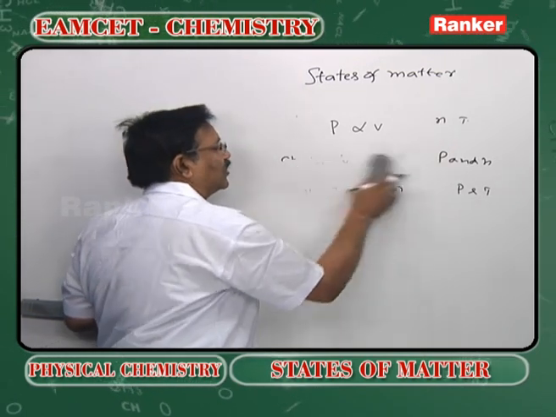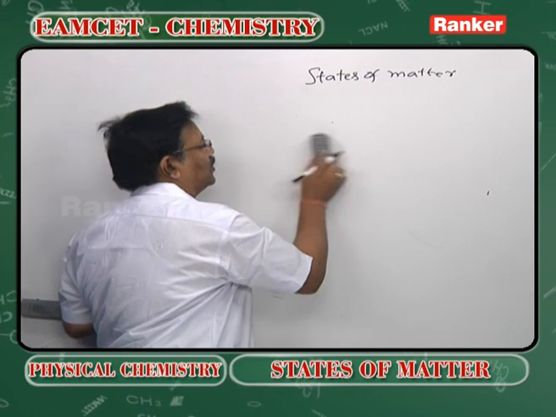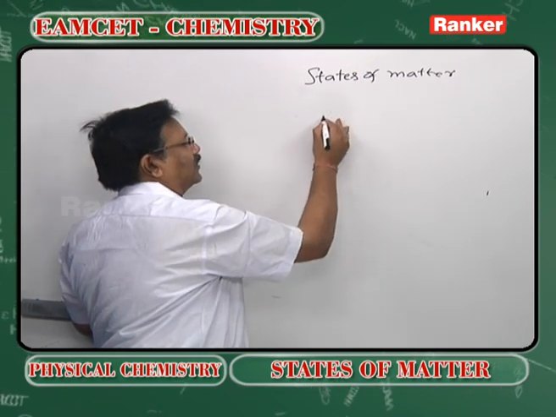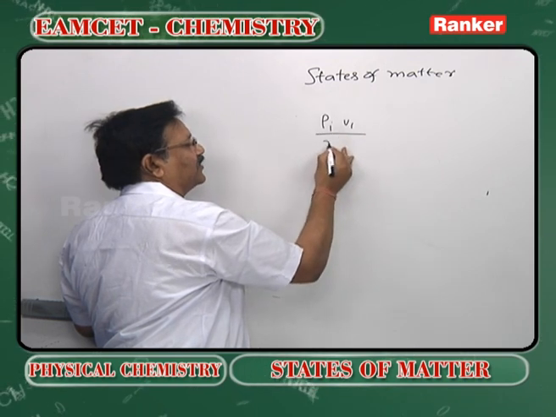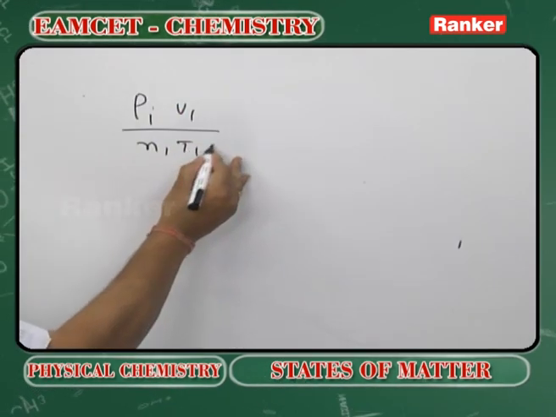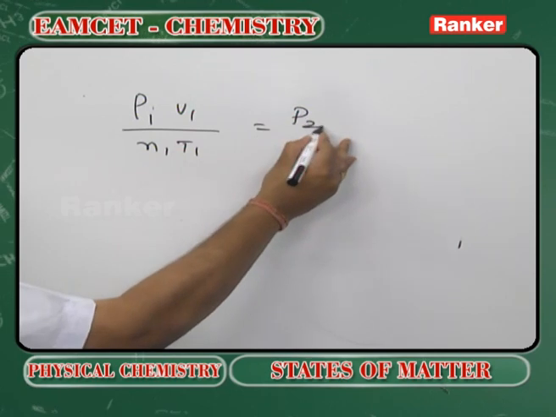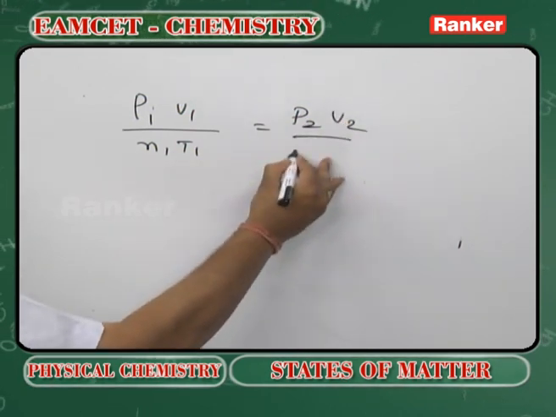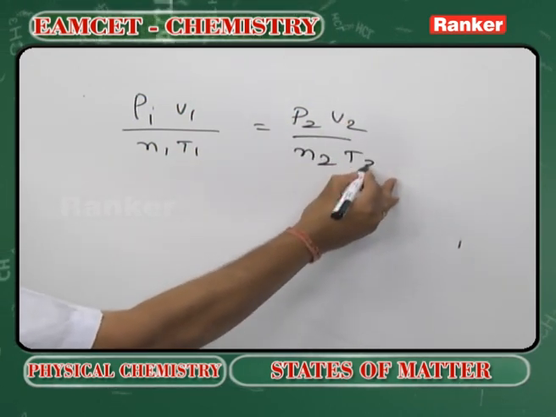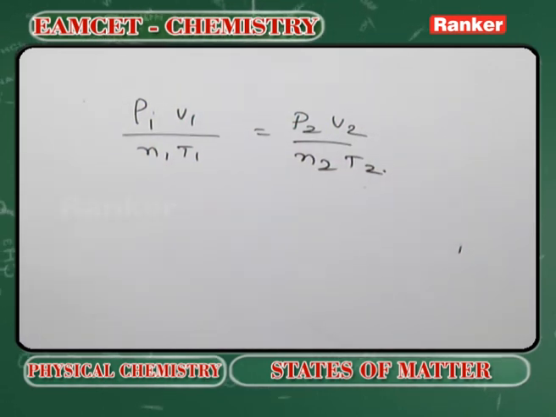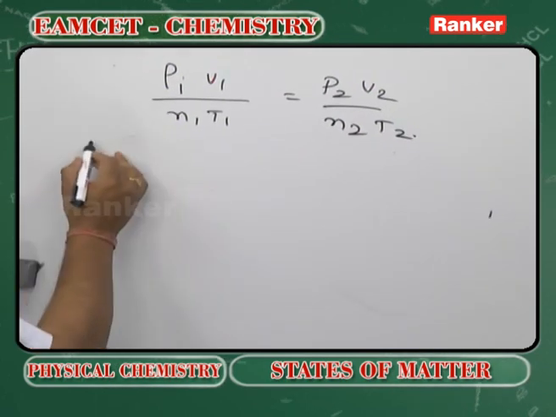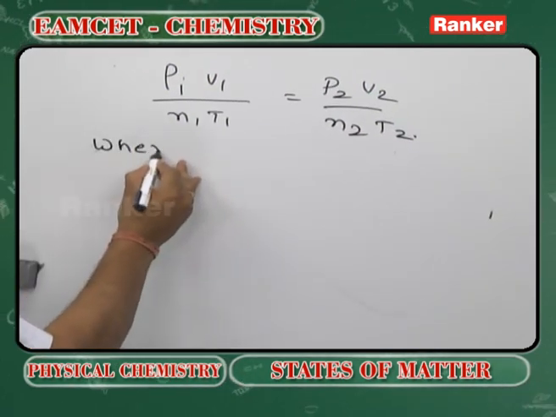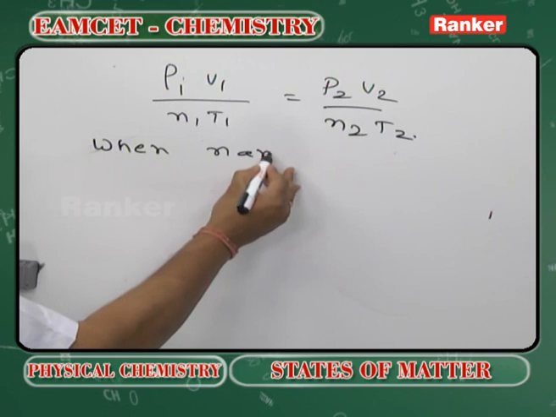What is the equation of state? We have the equation of state connecting the 4 parameters: P1V1/n1T1 = P2V2/n2T2.